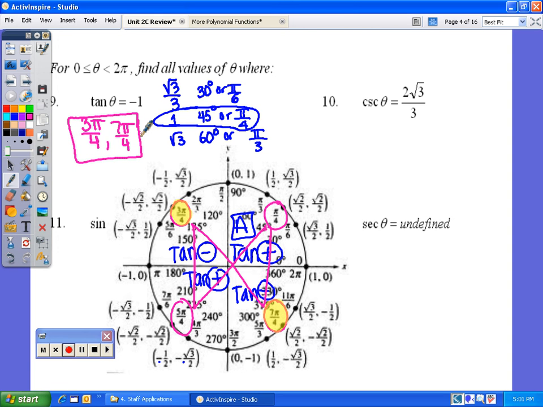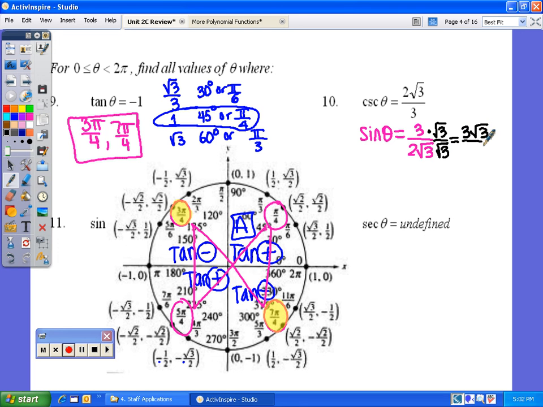Alright, the next one is cosecant. Cosecant of theta is equal to 2 square root of 3 over 3. Which means I need to know what the sine is equal to. So if I were to do the reciprocal of this, just in case you don't remember that this is the reciprocal of an important number, then I know I'm not allowed to have radicals in the denominator.